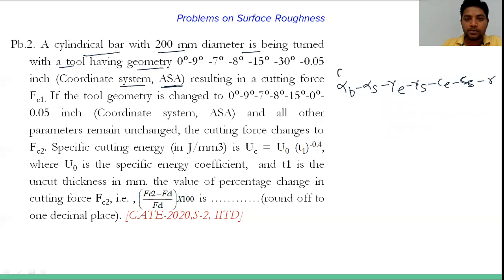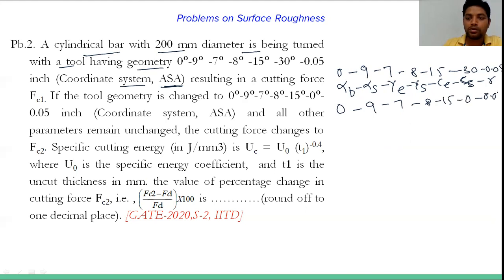For the first, this will be 0, 9, 7, 8, 15, 30, and this is 0.05. And for the second tool, the relationship is 0, 9, 7, 8, 15, this is 0, and this is 0.05.